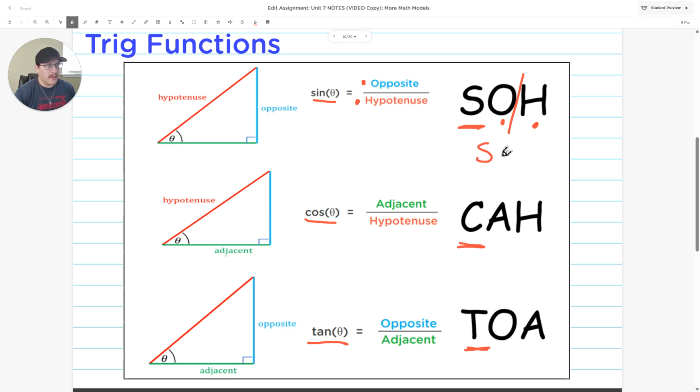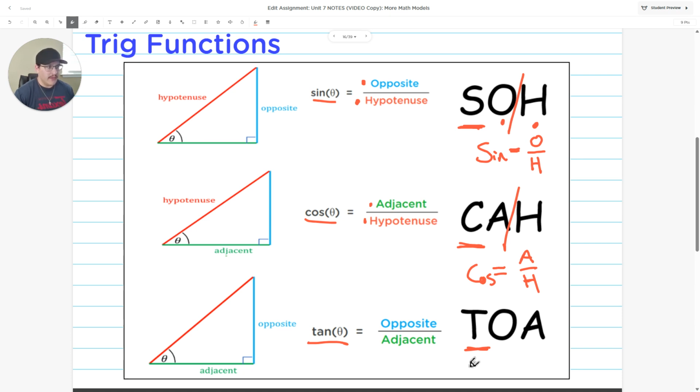You may also kind of see it as S equals O over H, to know that sine represents opposite over hypotenuse. This is another way of just representing it. Moving on. That's SOH. CAH uses cosine, adjacent over hypotenuse. So again, the A and the H. CAH. And you can also rewrite it as C equals A over H if you want a different way to remember it for cosine.